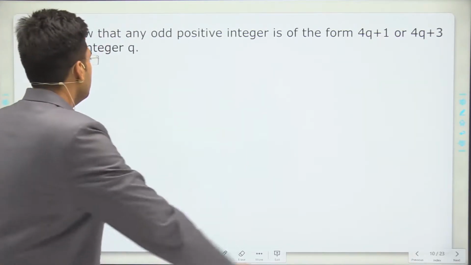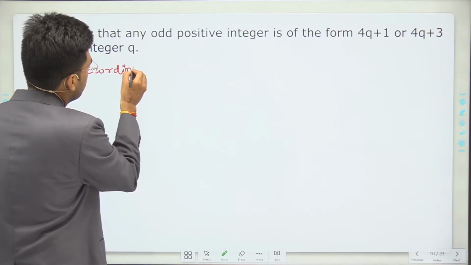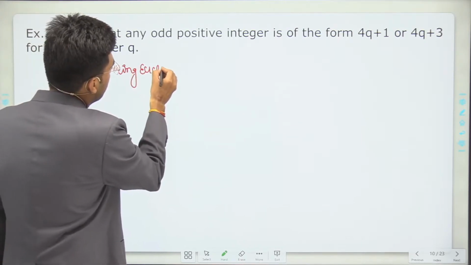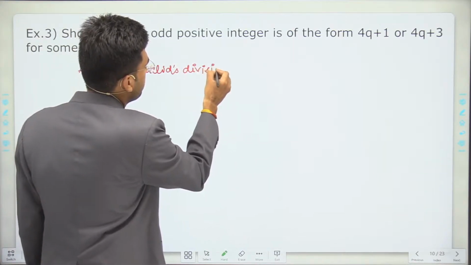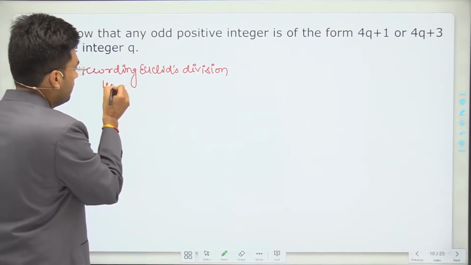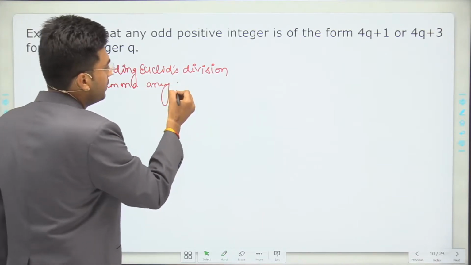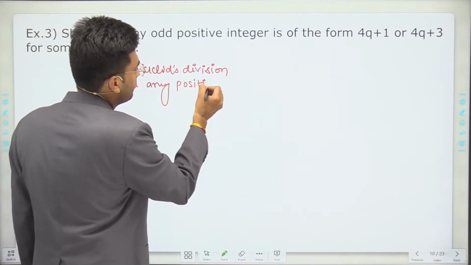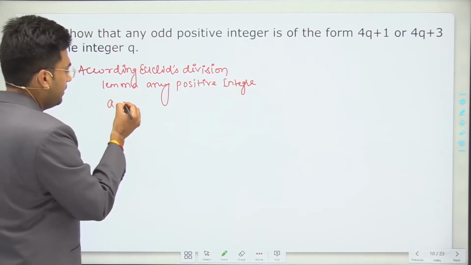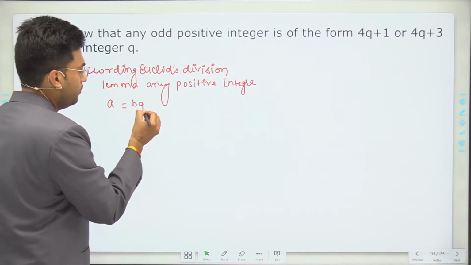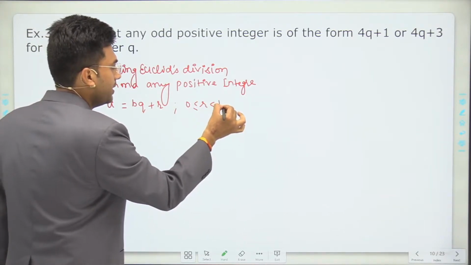Now we know that according to Euclid's division lemma, any positive integer a is equal to bq plus r, where r is greater than or equal to 0 but less than b.